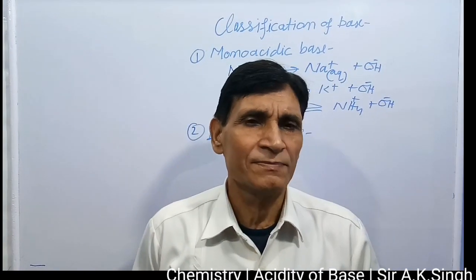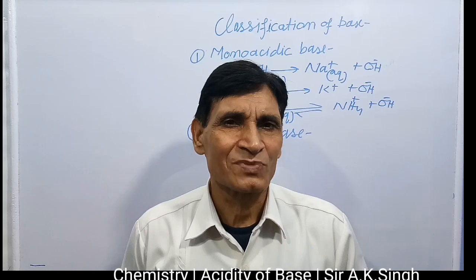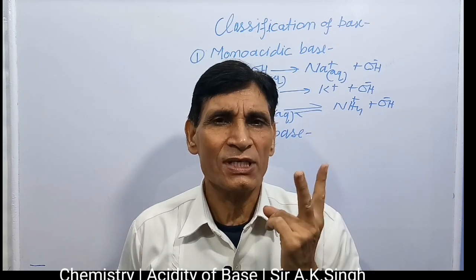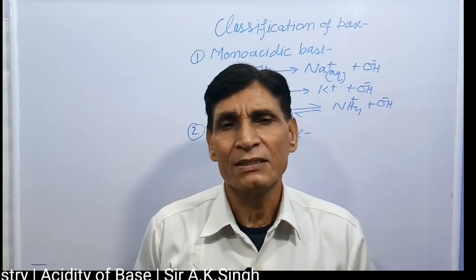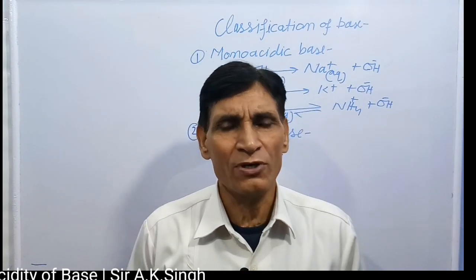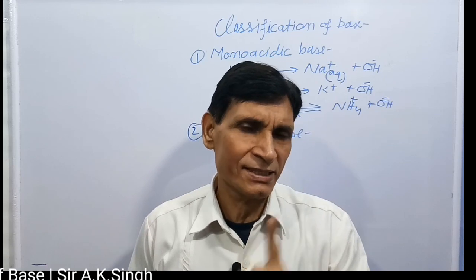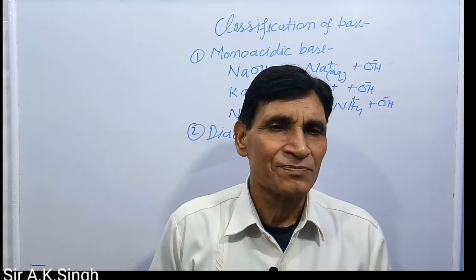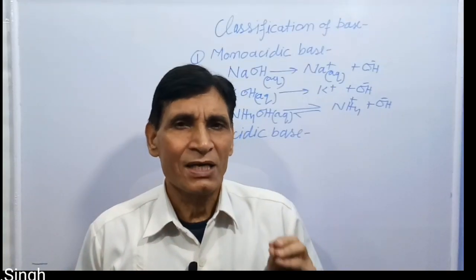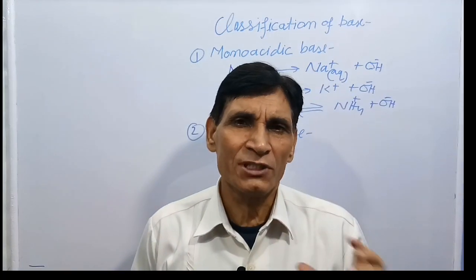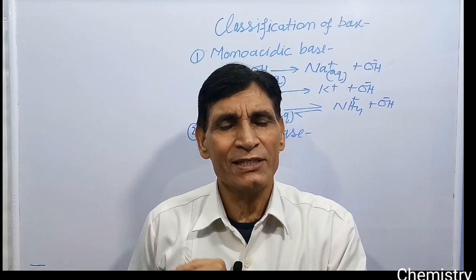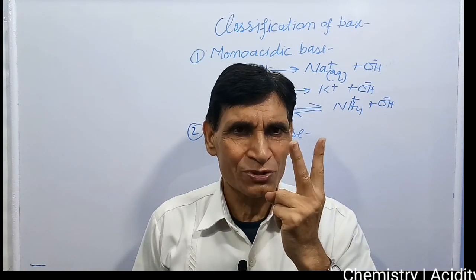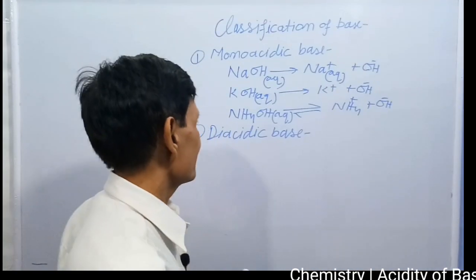Second way you can define it, a base or alkali which produces two hydroxyl ions per molecule on dissociation or ionization in molten or aqueous solution form is called a diacidic base. Third way, if the number of hydrogen ions or hydronium ions required for complete reaction with one molecule of a base is 2, then this is a diacidic base.